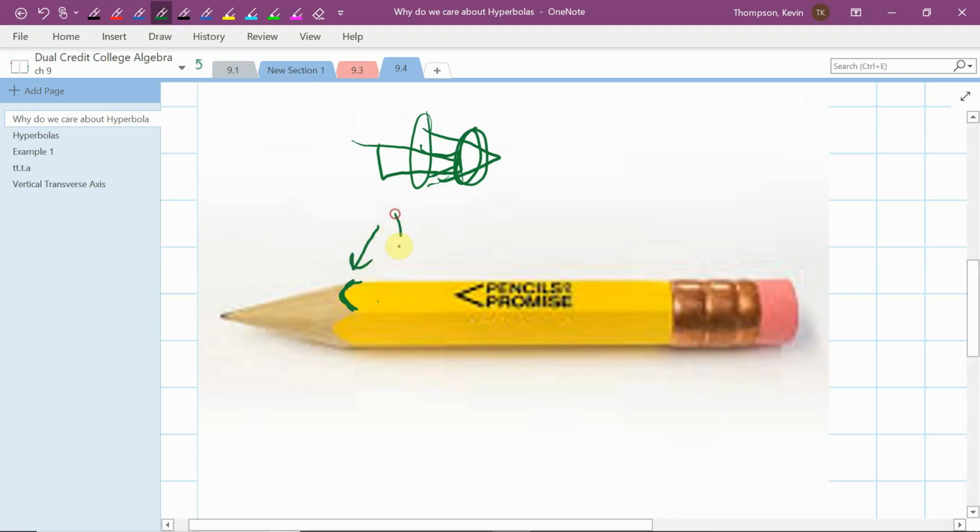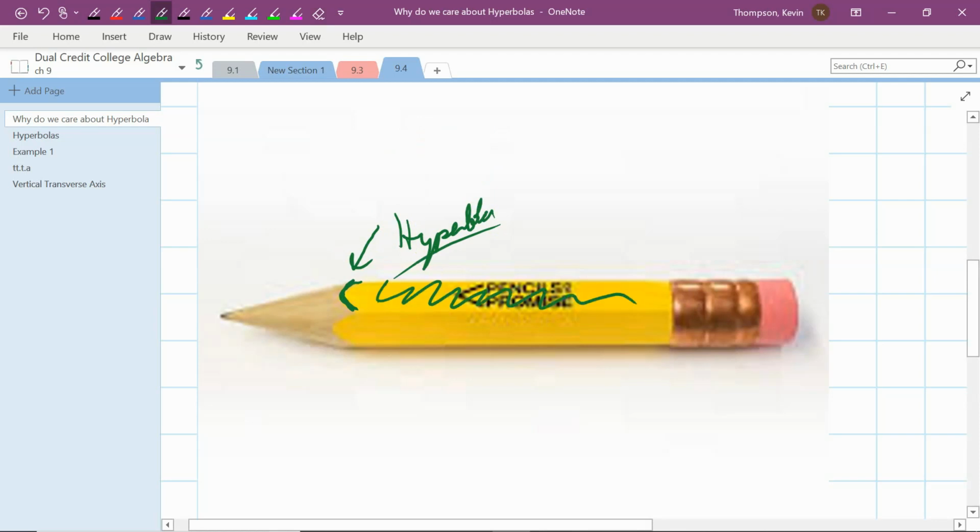That shape right there must then be a hyperbola, because it's an intersection of a cone and a plane, the plane being the surface of that flat piece going down the pencil.